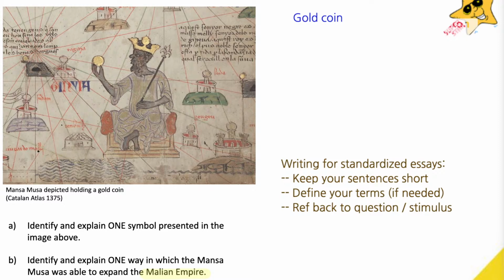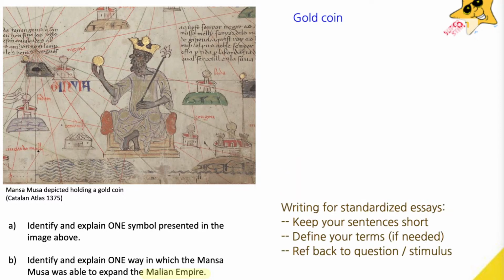Now, if there's a no stimulus question, there are still boundaries, and those boundaries are actually in the question themselves. They will ask you to identify and explain something in, let's say, the feminist movement of the early 1900s or something like that.